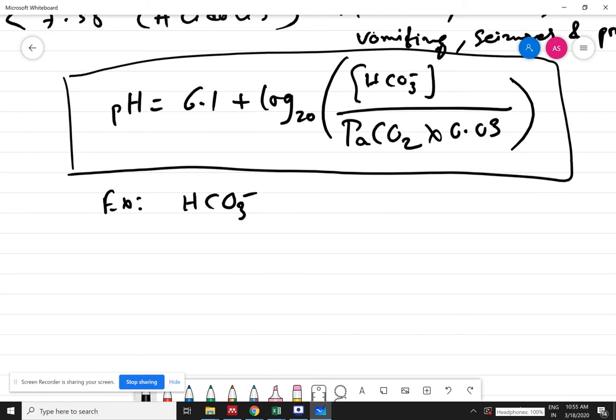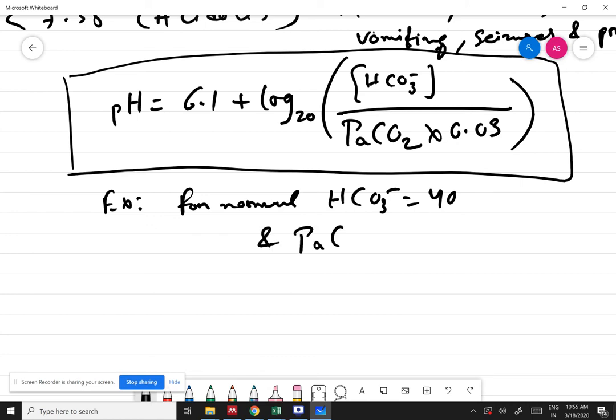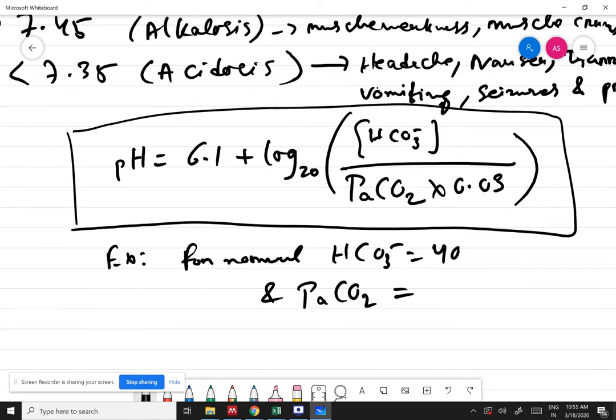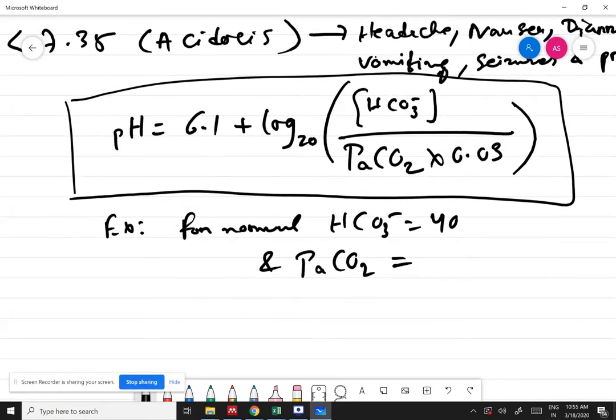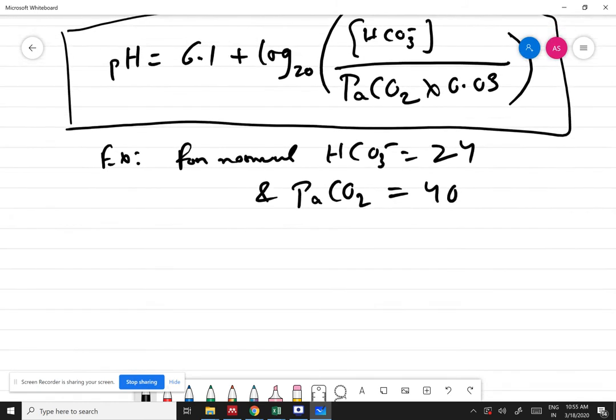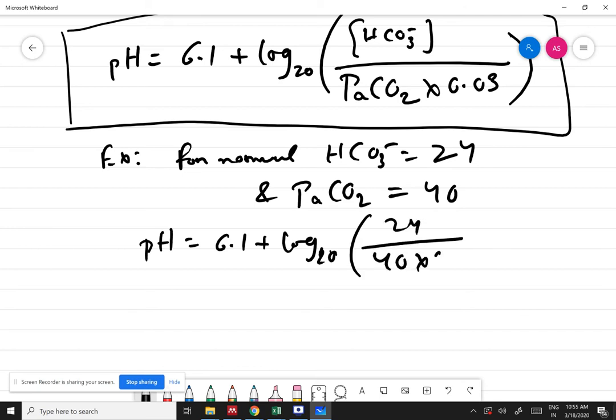So for normal, HCO3 minus equal to 24 and PaCO2 equal to 40, the pH is equal to 6.1 plus log base 10 of 24 divided by 40 into 0.03.